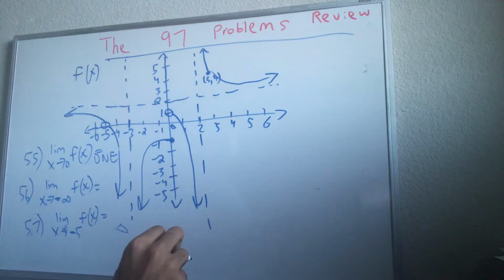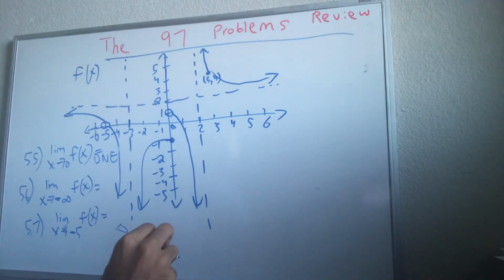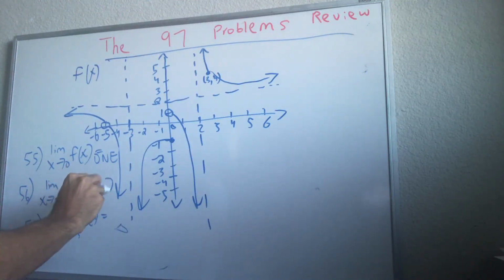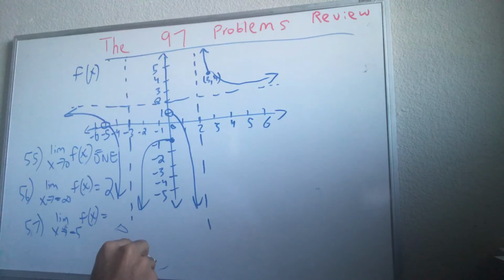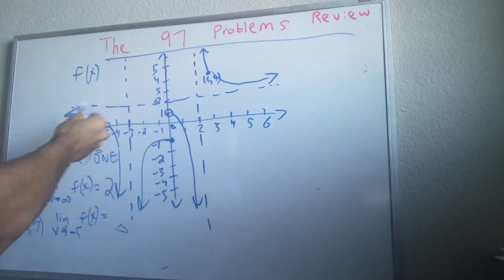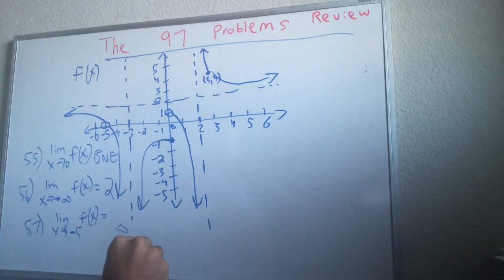So, like problem number 53, where it was limit of f of x as x approaches infinity, same concept here. For number 56, the limit of f of x as x approaches negative infinity is also positive 2. Again, the reason is that you're approaching that horizontal asymptote at y equals 2.